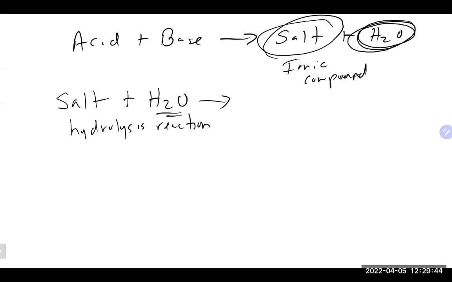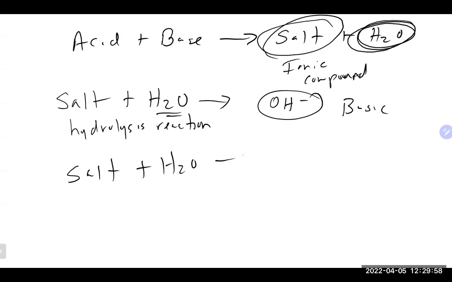It involves water. In certain cases, the salt may react with water and produce OH minus, which we would expect to be basic. And in certain cases, the salt will react with water and produce H3O plus, which we would expect to be acidic.